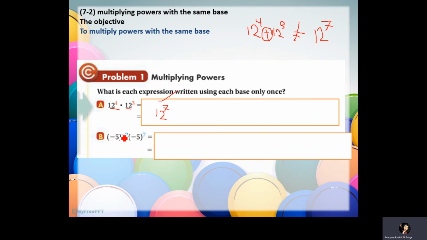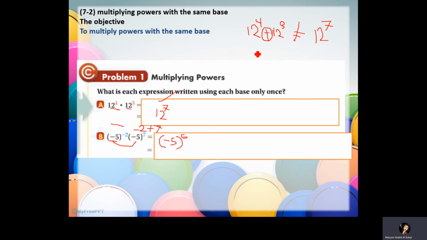Let's continue. Negative 5 and negative 5 are the same base, so I'm going to add the powers. Negative 5, all this to the power negative 2 plus 7, which is 5. That's all the story. This is really easier than the previous chapter.